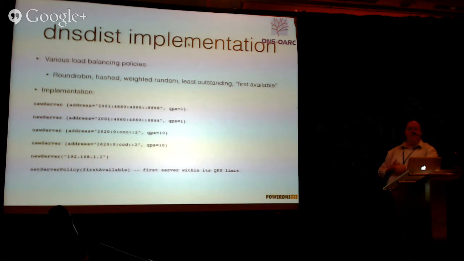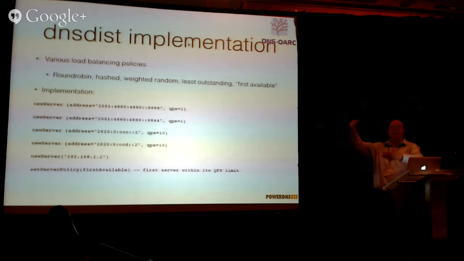That's the automatic policy where, if you have 5 servers and a few of them have 100 queries in the air that they're dealing with, and one of them has only 90, we will send the traffic to the server that has the least number of outstanding queries. This is very nice when you fire up a name server and the cache is cold. It cannot yet handle the full load of traffic, and this way it will ramp up the load.